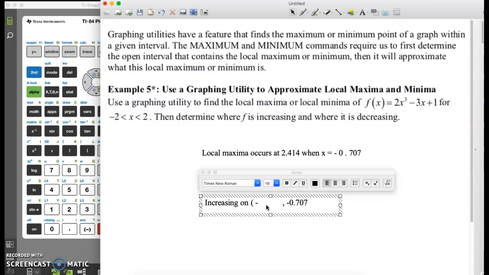And we'll do that close bracket, saying it's increasing on that interval. And it also increases on the bounds from where the minimum was starting. So we'll do close bound.